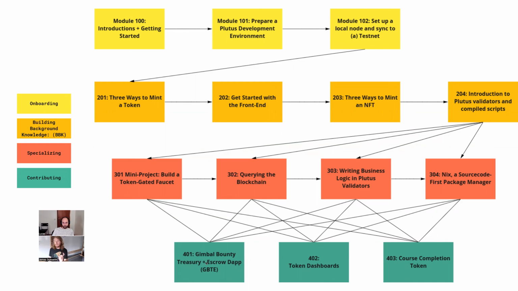And when a contributor makes a commitment, here's what happens. The specified number of funds are pulled out of the treasury and into a new transaction that's going to create a UTXO at the escrow address.